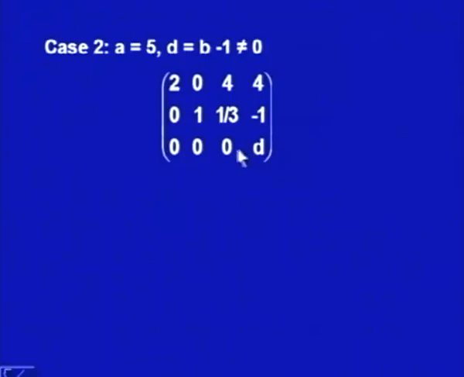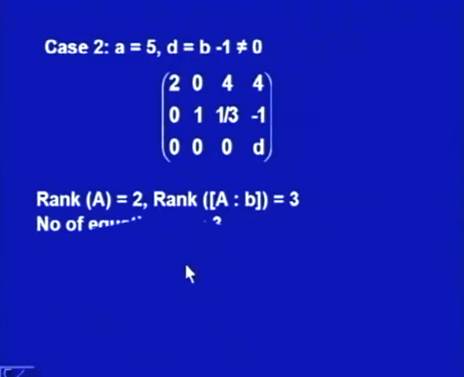So that means that the rank of matrix A cannot be 3, because this row is going to be 0, but there exists a non-zero entry in the augmented matrix. So the augmented matrix may have rank 3, but the matrix A has rank 2. So this system is not consistent.